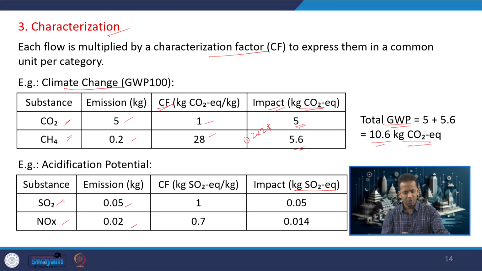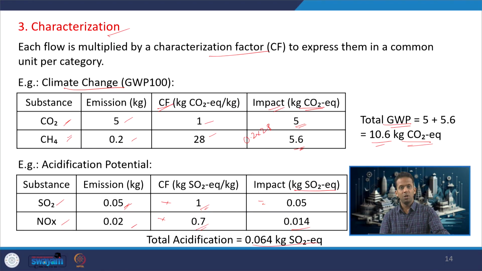So, 1 kg SO2 is 1, but for NOx it is 0.7. The total impact for SO2 is 0.05 times 1, which is 0.05, and 0.02 times 0.7 is 0.014. If you add this, you will get the total acidification potential in kg SO2 equivalent.